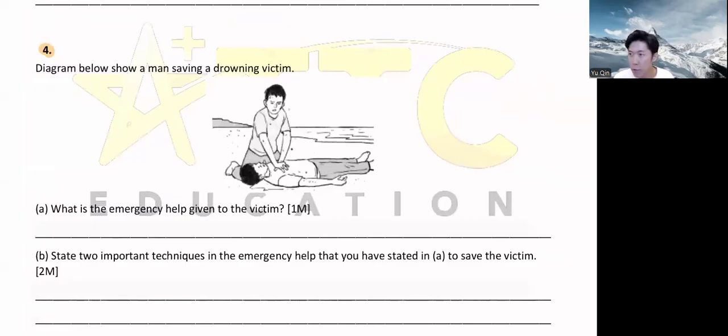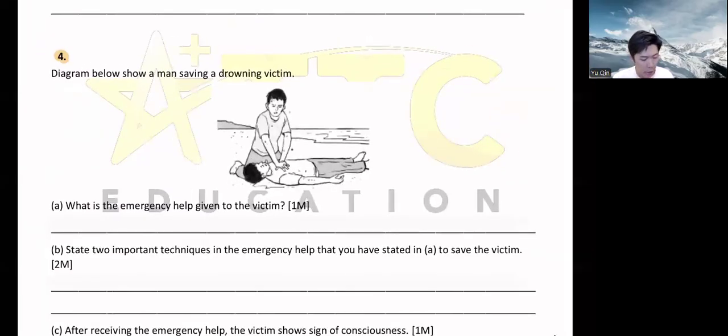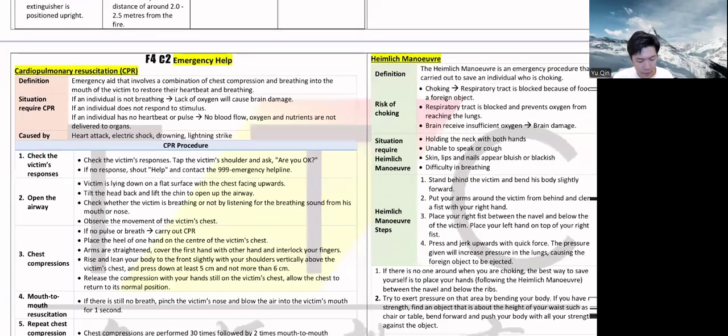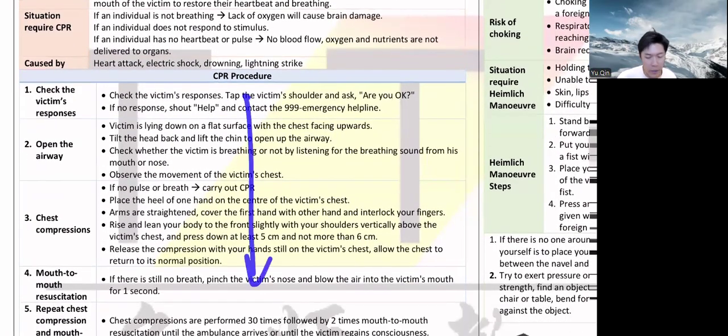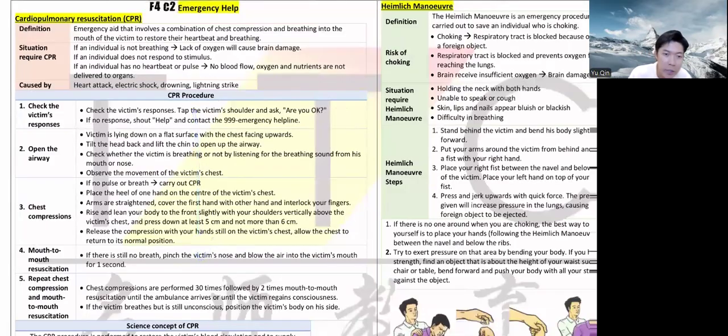Page 16, question number 4. The sequence is not super important. It's not that you need to memorize the whole sequence of how to carry it out, but more the scientific part of it. So CPR is important to restore 2 things.